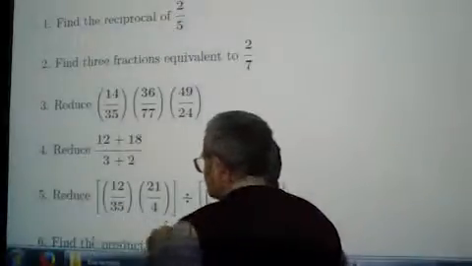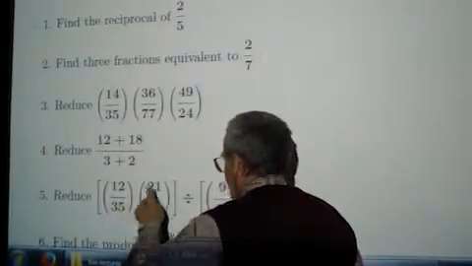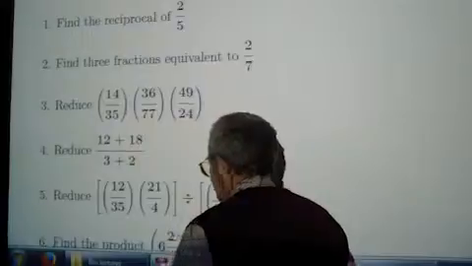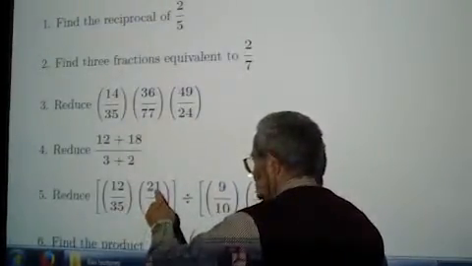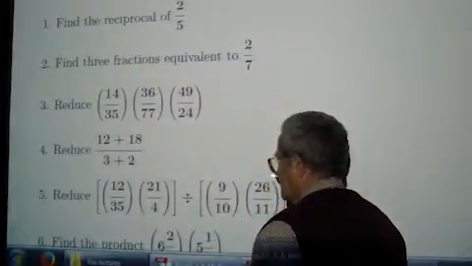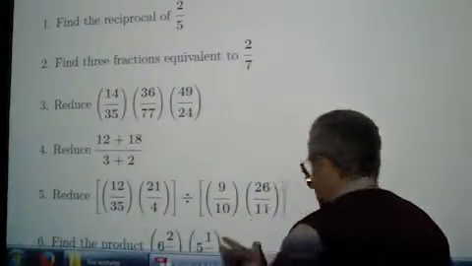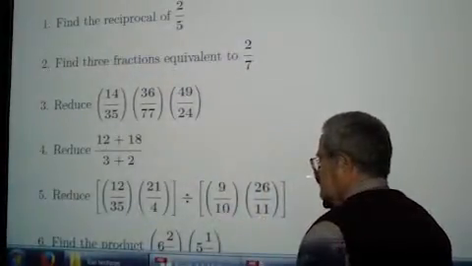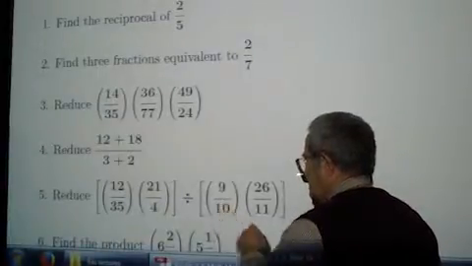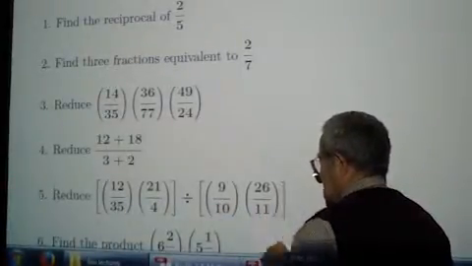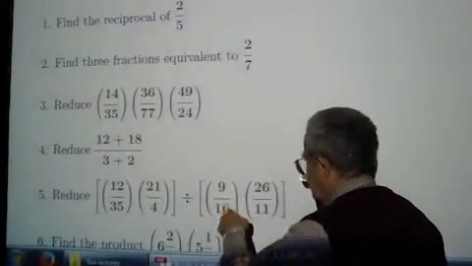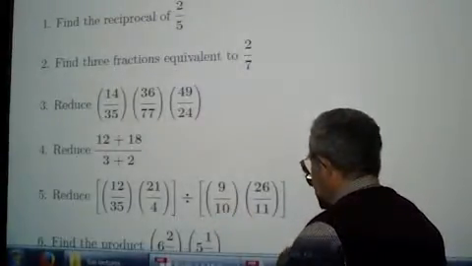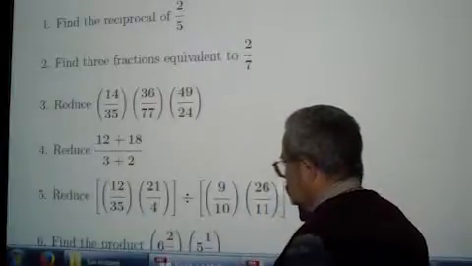In the first set of brackets, you have 12 over 35 multiplied by 21 over 4, which is divided by the second bracket. And in the second bracket, you have 9 over 10 multiplied by 26 over 11.